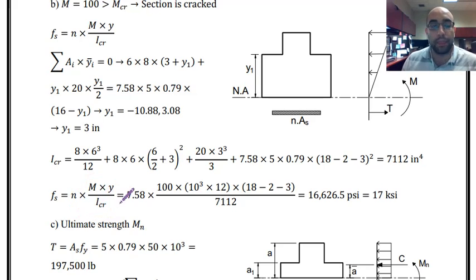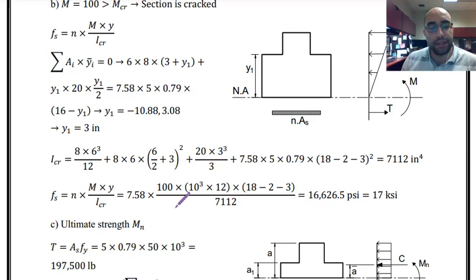And then I have to just include y, the distance from this steel to the neutral axis, that was 16 minus 3. And then once you do that, you can find the final value as 16,000.6 psi, or about 17 ksi.